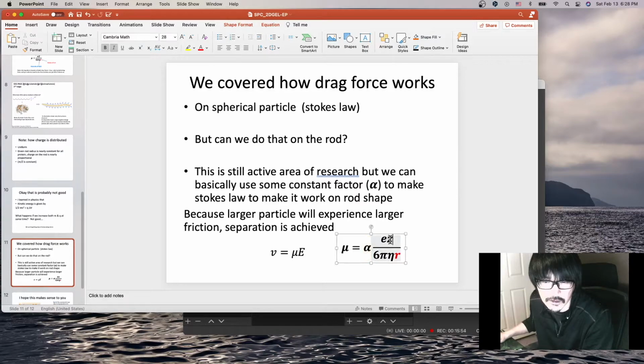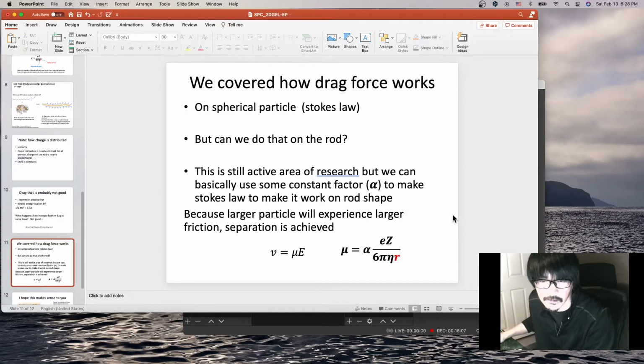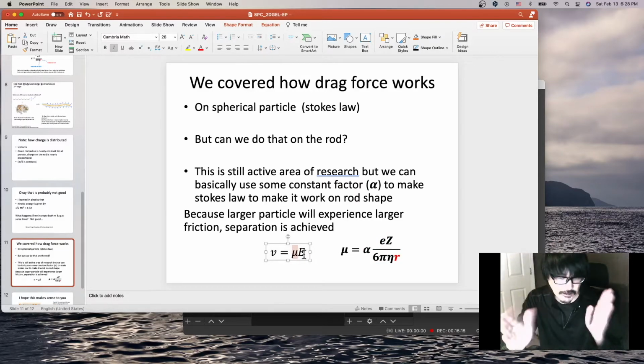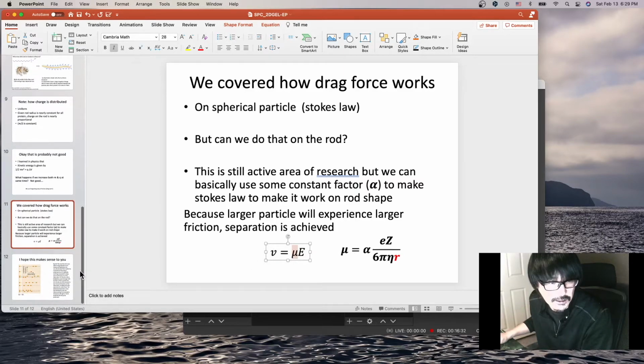And the E portion determines the force applied on that particle, which depends on the voltage difference. That whole thing goes into this mu, and then you multiply by the applied electric field, which you calculate from the voltage difference between the two electrodes divided by the distance. You get this E, multiply by mu, and you get the particle speed.